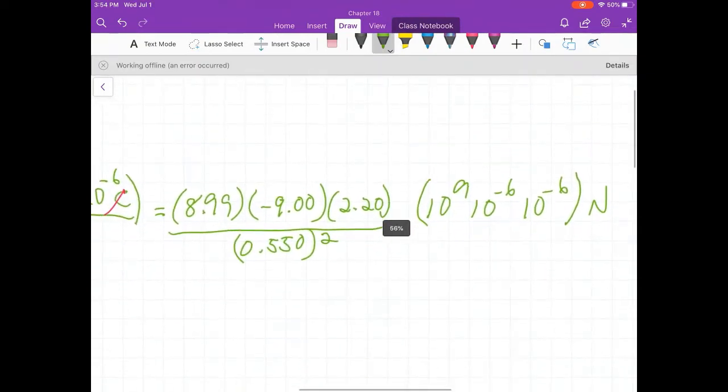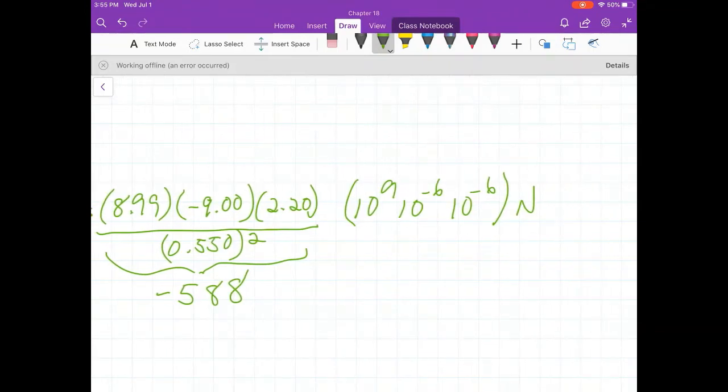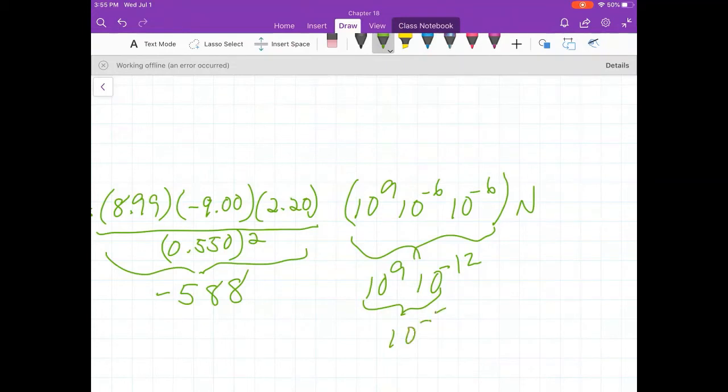Now the first part is more straightforward. Put that into the calculator: 8.99 times minus 9 times 2.2 divided by 0.55 squared, or divided by 0.55 twice. You'll find minus 588. Now over here, the powers of 10: you have 10 to the 9, minus 6, minus 6, which is 10 to the minus 12. So 9 minus 12 gives 10 to the minus 3.